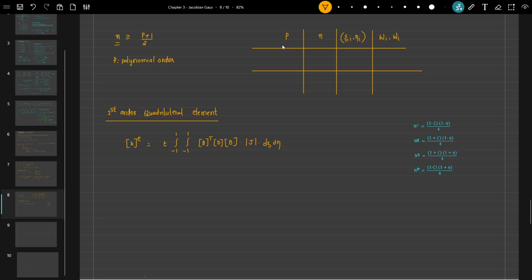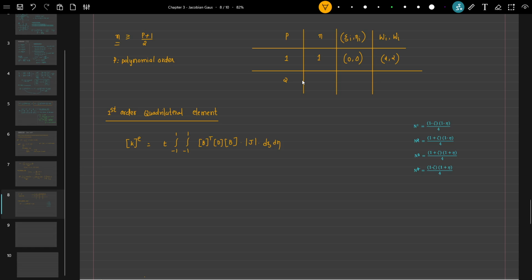If we take polynomial order of 1, (1 plus 1) by 2, we need one integration point for exact integration of the given function. So that is the condition or requirement. And the discrete or Gauss points, or integration points, location is 0, 0, and the weighting factor is 2 and 2.